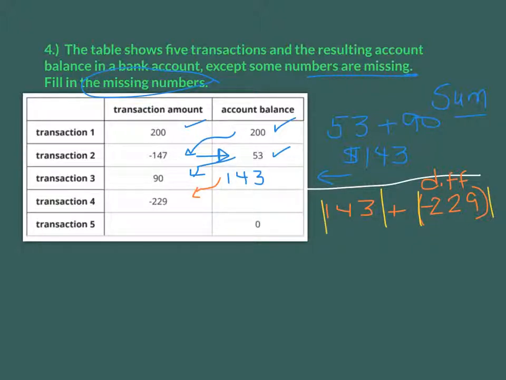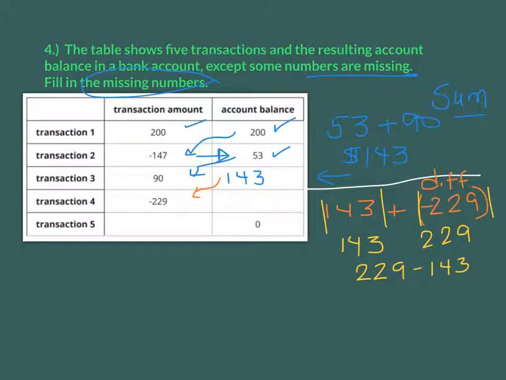The absolute value of 143 is 143 because that's how far it is from 0. The absolute value of negative 229 is 229. Sorry, I said it backwards there, didn't mean to confuse you. I'm finding the difference, so I'm going to reverse the order of these two. So it'll be 229 minus 143.